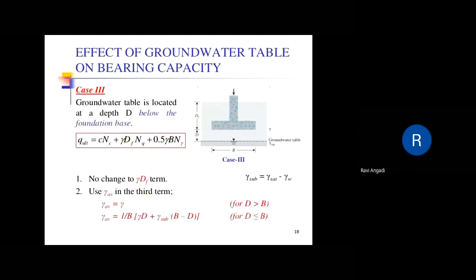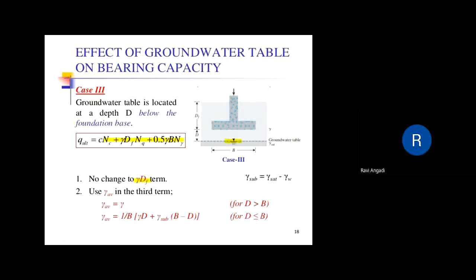Okay, right. Then case 3, the water table is located at depth d below the foundation base. Again, as usual, this is the general equation and the term gamma is to be modified. Since the water table is lying away from the base of the footing at a depth d, there is no change in the gamma Df term, that is the first term, but use gamma average in the third term.